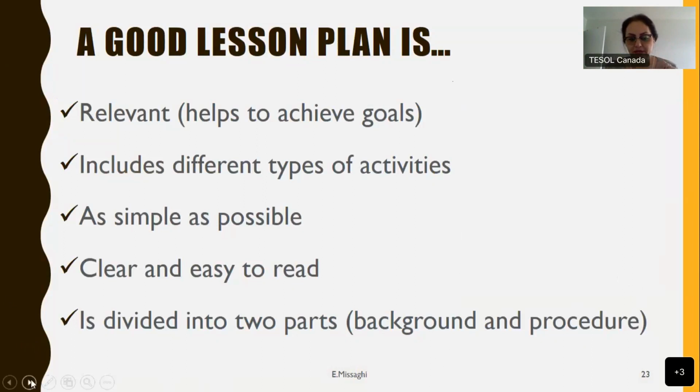You know about the background, huh? What is the background of your lesson plan? When I say background, it means what? The context? Do you remember the features of the background? Candidate's name. What else? The topic. Yeah, level.